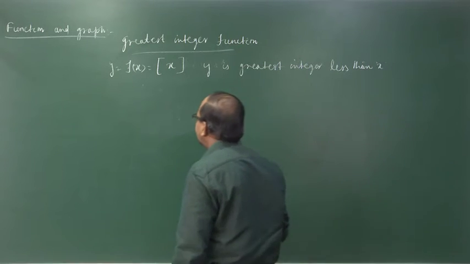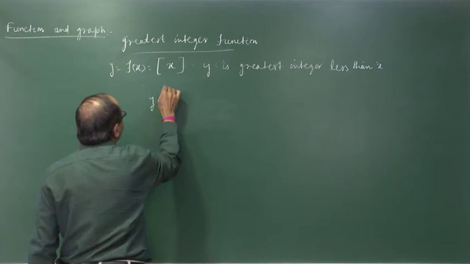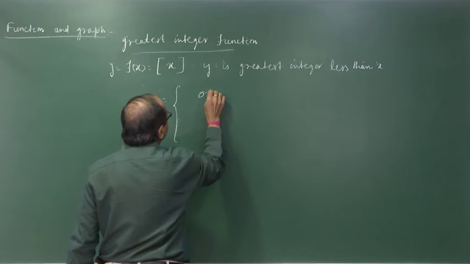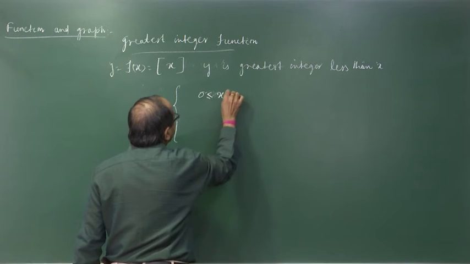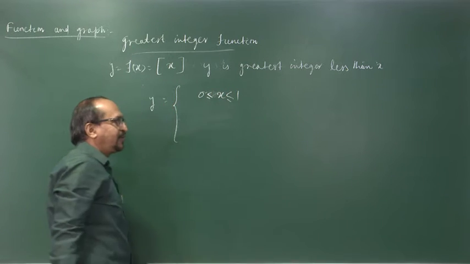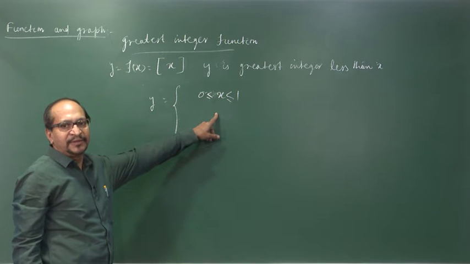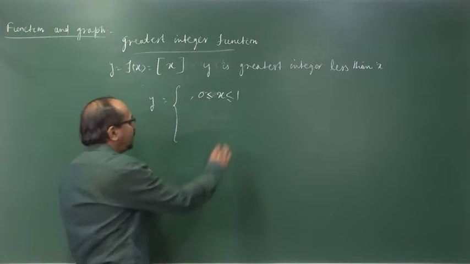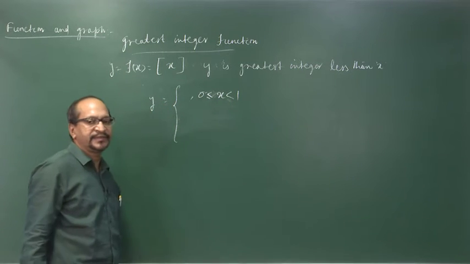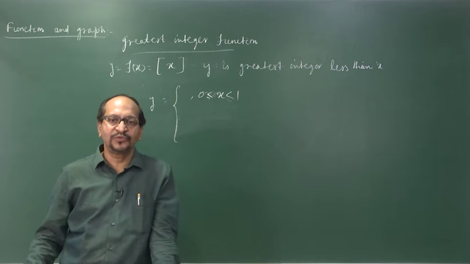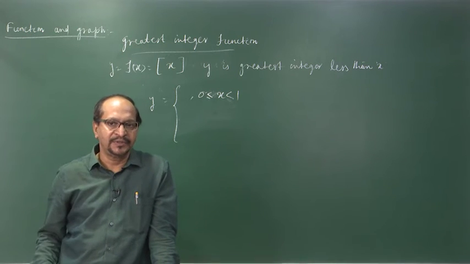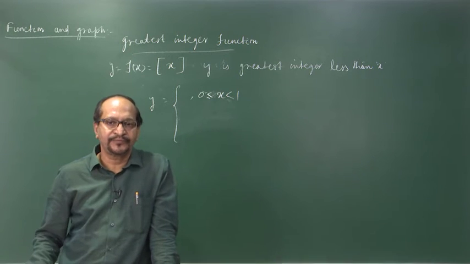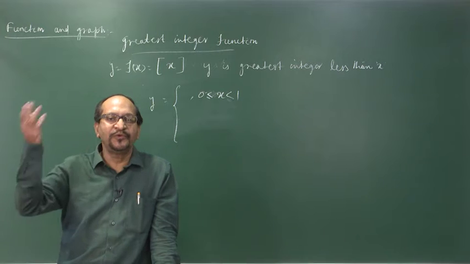Okay. Suppose x lies between 0 and 1, so 0 less than x less than 1. Your y value will be the greatest integer less than x. So, x goes from 0 to say 0.999 and so on. Between that, the greatest integer which is less than x is 0, because 1 will be more than x.